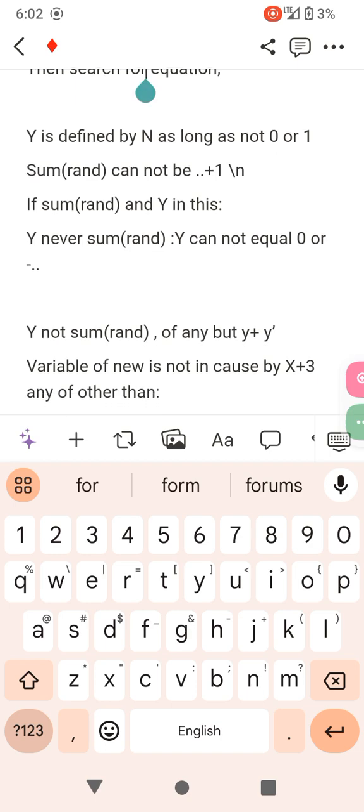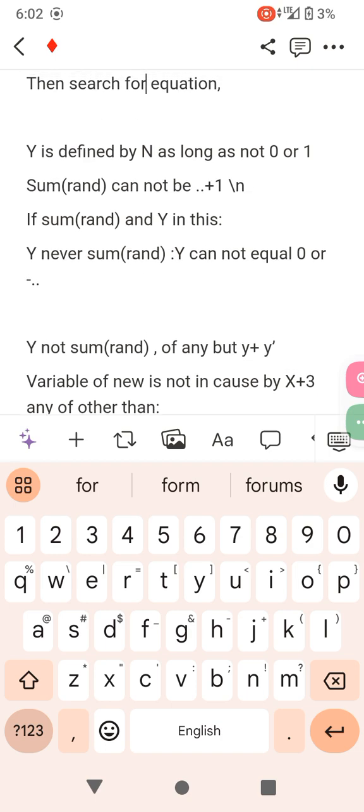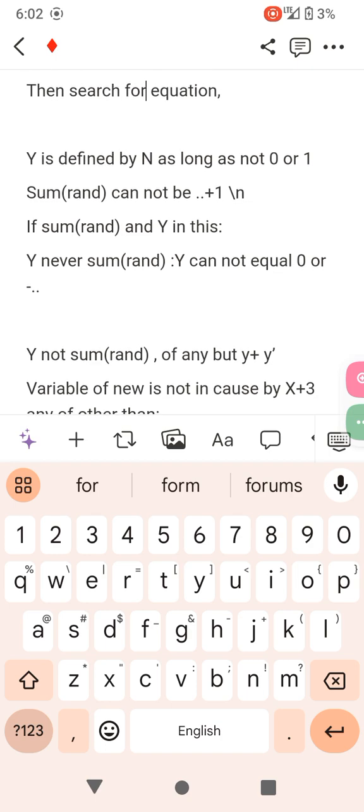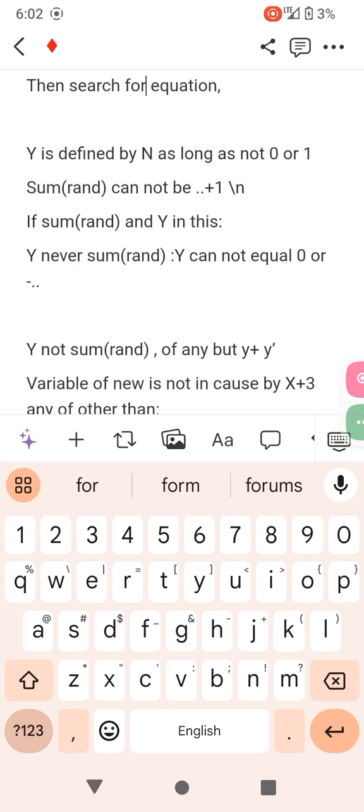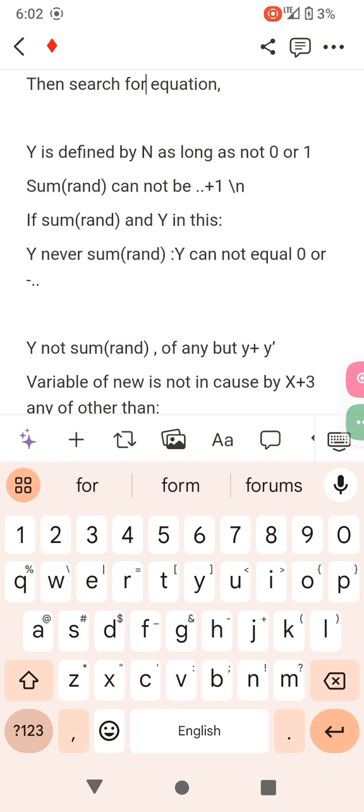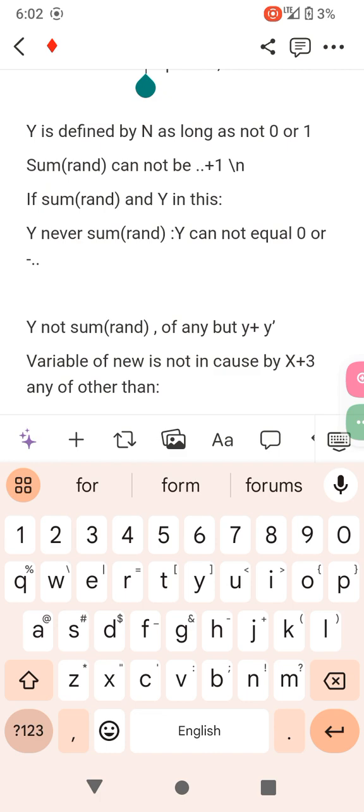Meaning as long as y is not defined by the counter that plus 1 is, meaning n at least, then as long as not 0 or 1, the sum of random cannot be plus 1, meaning something plus 1, meaning n.